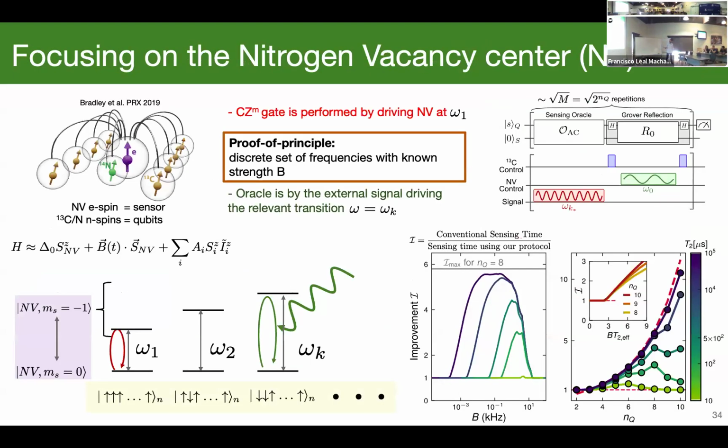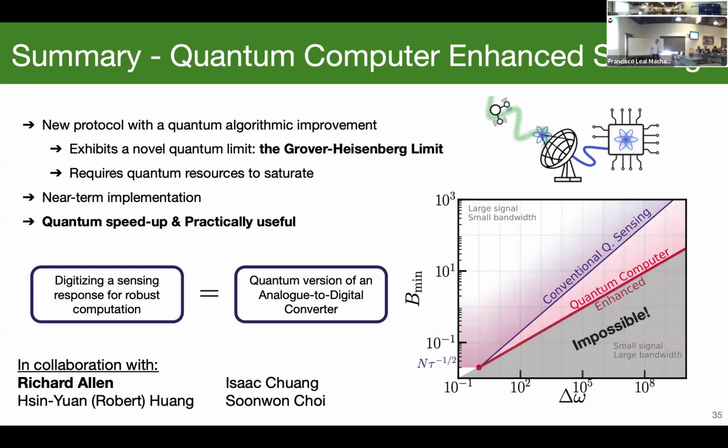even in the case where you have a noisy quantum computer that might have some finite coherence time, as well as your system. Okay. And if nothing else, why I think this is meaningful to talk about at the school is that it opens up a new set of possibilities, because what we've effectively built is a way of taking an analog signal and digitizing it into a quantum computer.